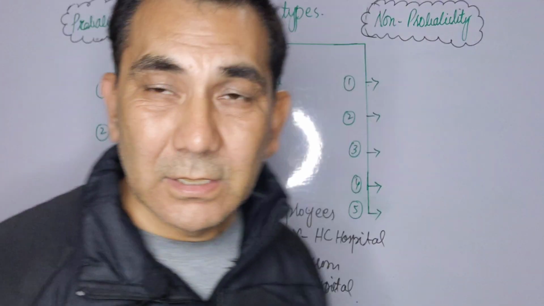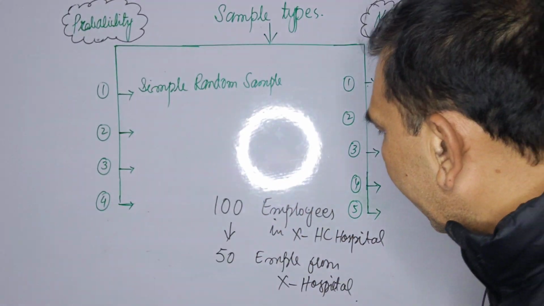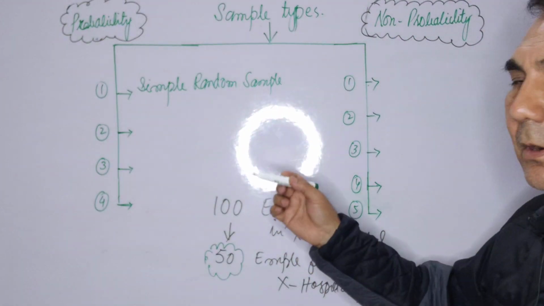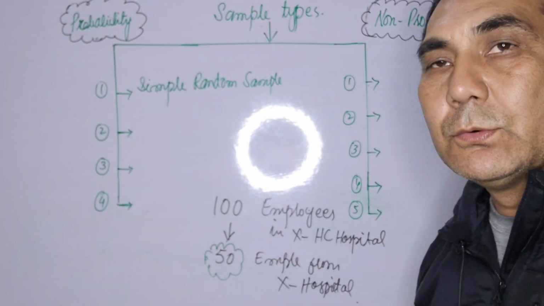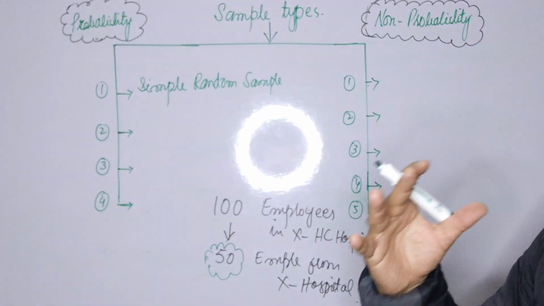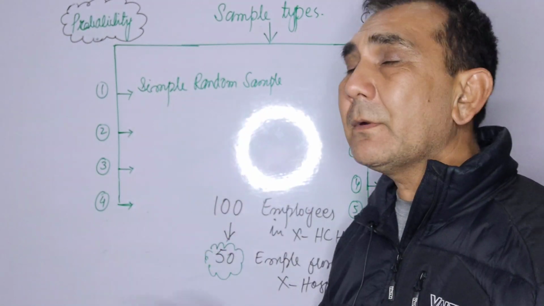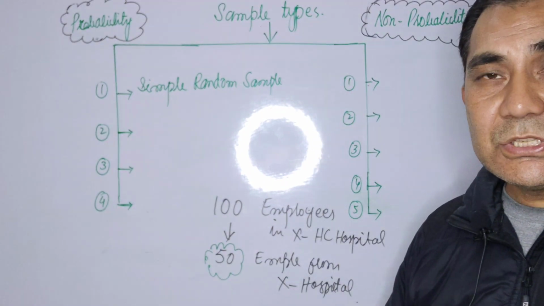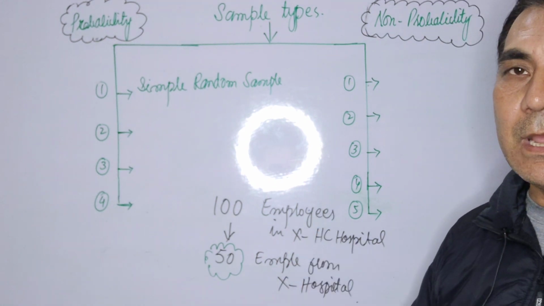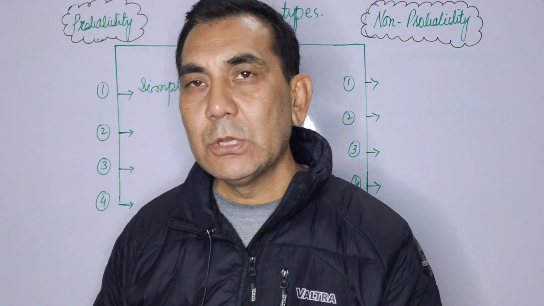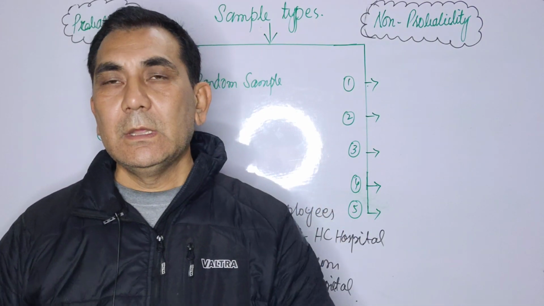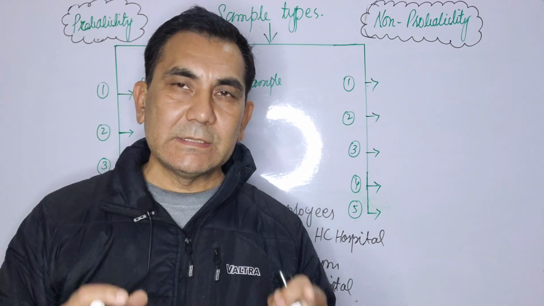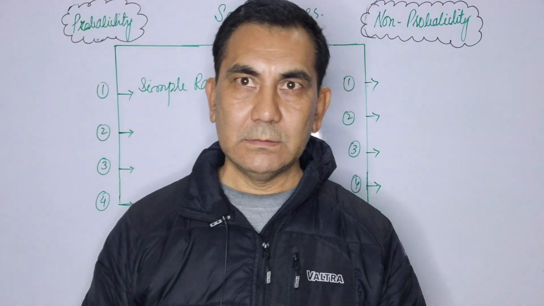Now these 50 employees he will select from the 100 employees. How will you do it? Just keep in mind, simple random sampling is always used when the list or the frame of the employees is available. What does frame mean here? In sampling techniques, the frame means the list of the employees.